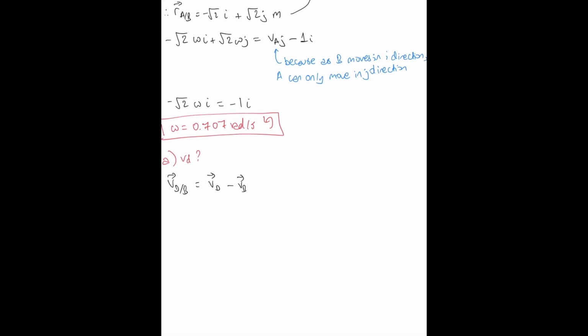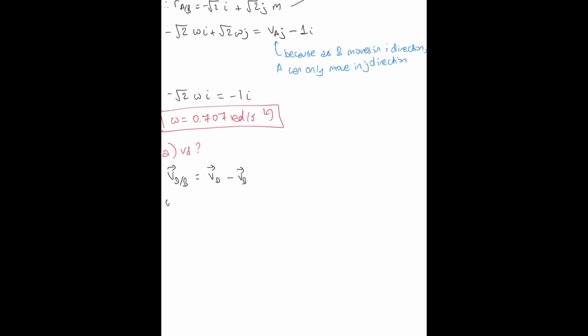Then we're going to substitute our velocity with the angular velocity cross product the distance, rDB.